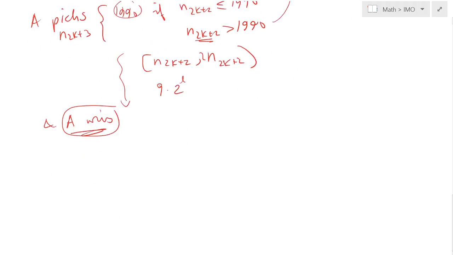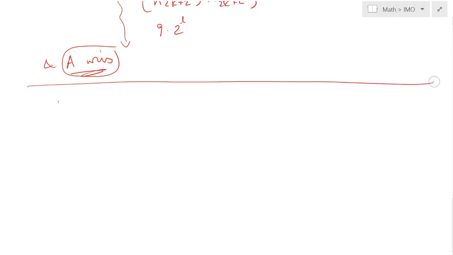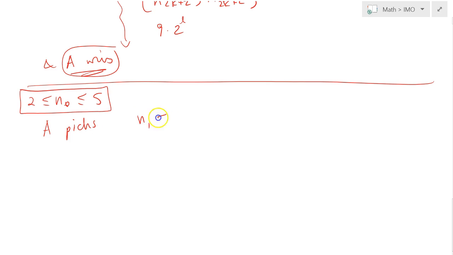Well, it turns out that if n0 is between 2 and 5, let's first investigate this case. Then A will definitely pick a number n1 less than or equal to 25, right? Because we cannot go more than the square. If for instance A picks 25, B will just pick something and divide it by 25, so it will directly pick 1.